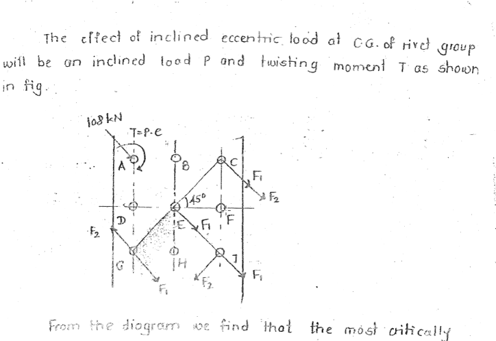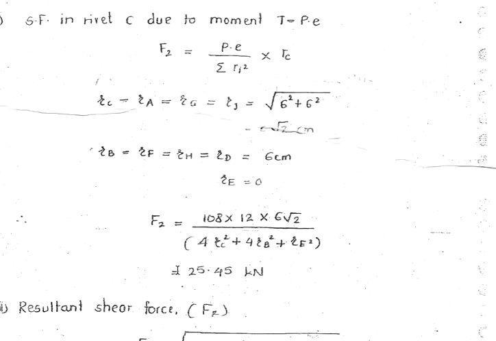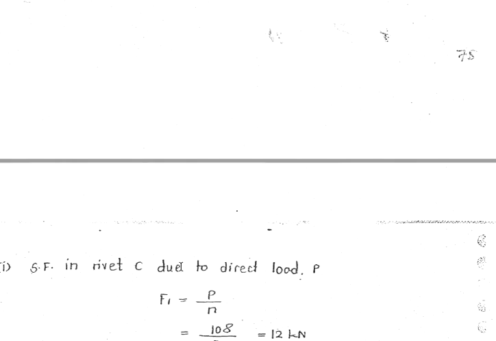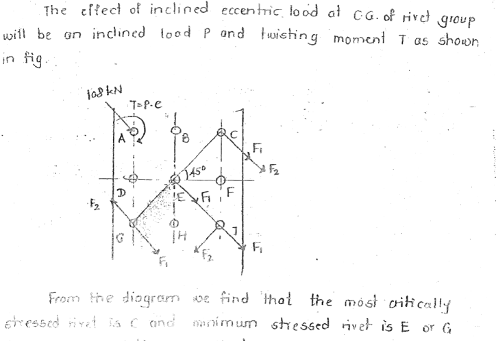In general, this centroidal rivet or bolt E may not be able to provide any force to resist this, but all other bolts or rivets will be applying force in order to resist the rotation caused by this torsion.